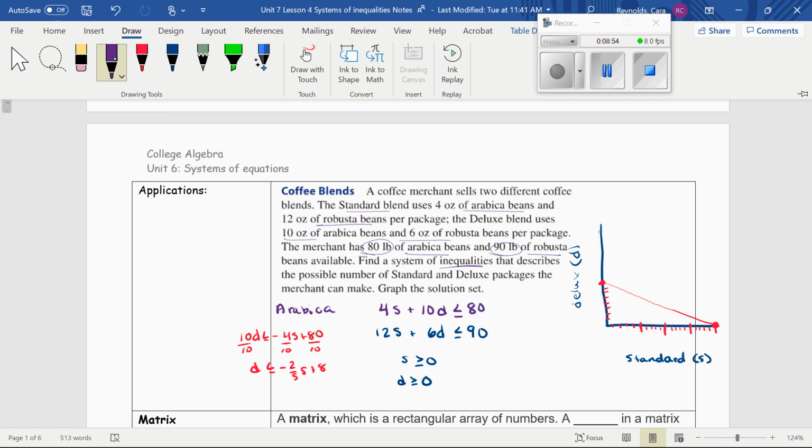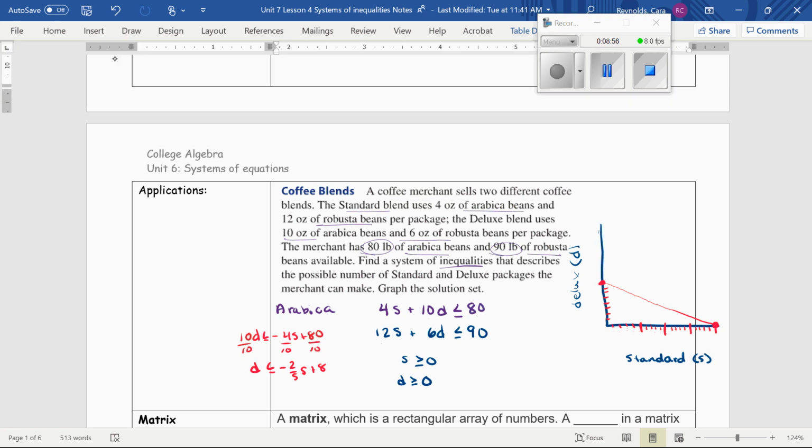Graphing by intercept here, if I divide 90 by 6, then I get 15. So my y-intercept is 15. And then if I take 90 divided by 12, I get 7.5. So somewhere in here. Or I can solve it and get it into the same format.